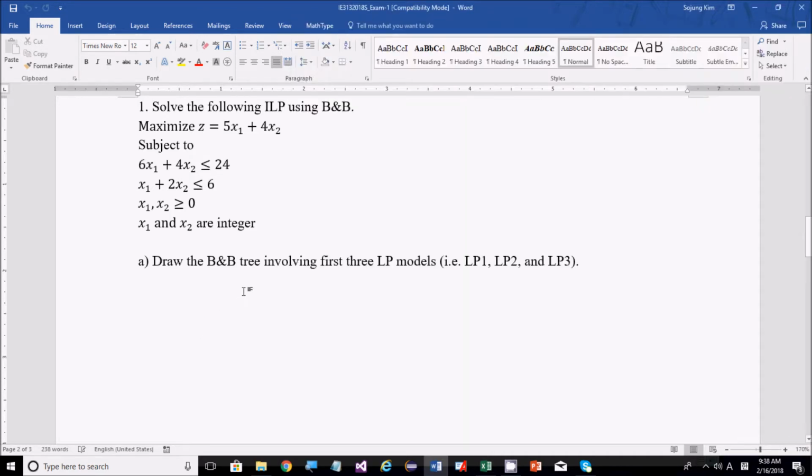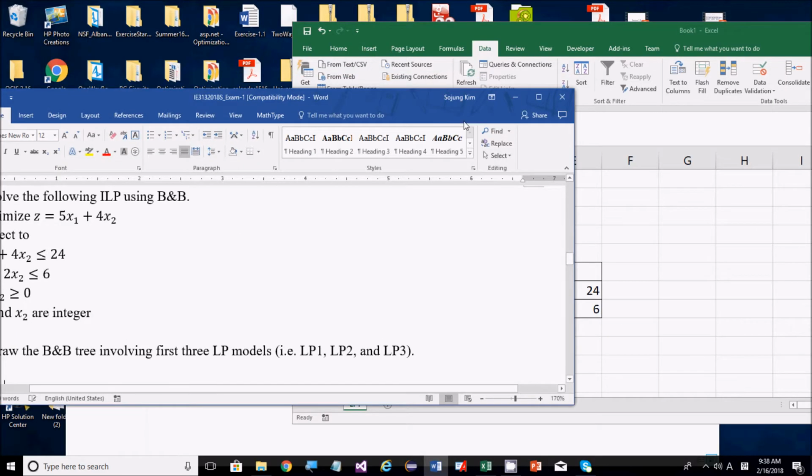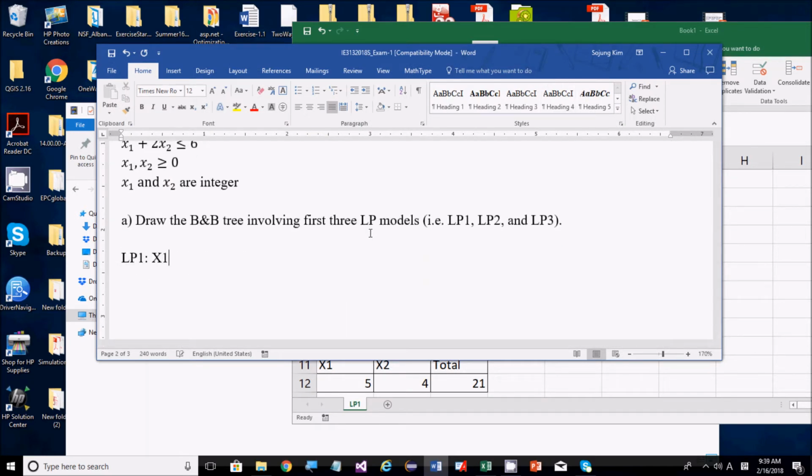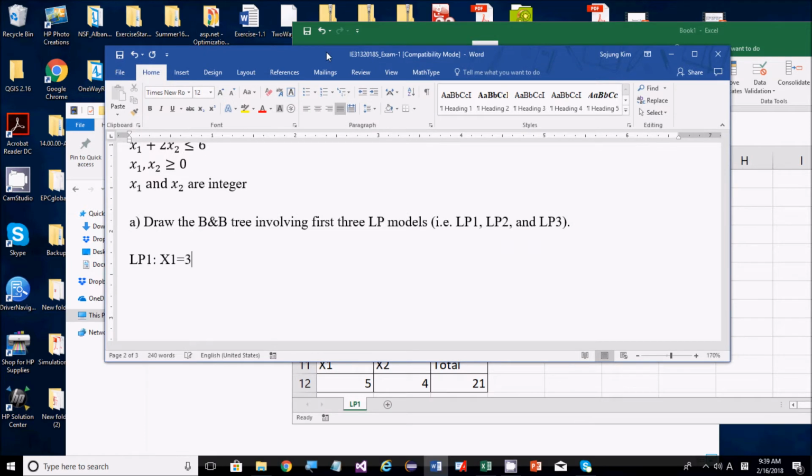So here, the solution of LP1 was x1 equal to 3 and x2 equal to 1.5, and the objective function value of the first iteration is 21.